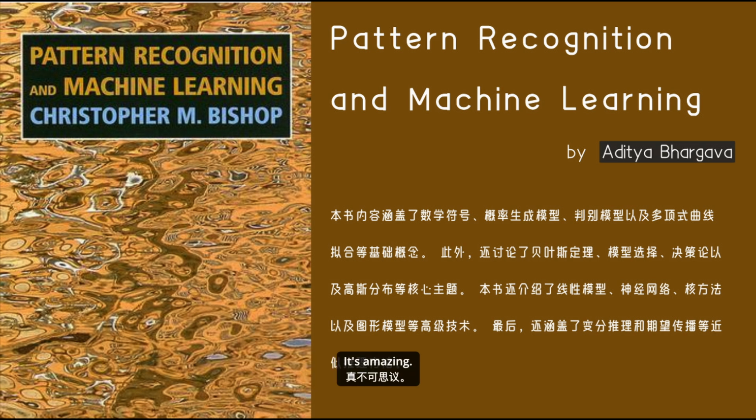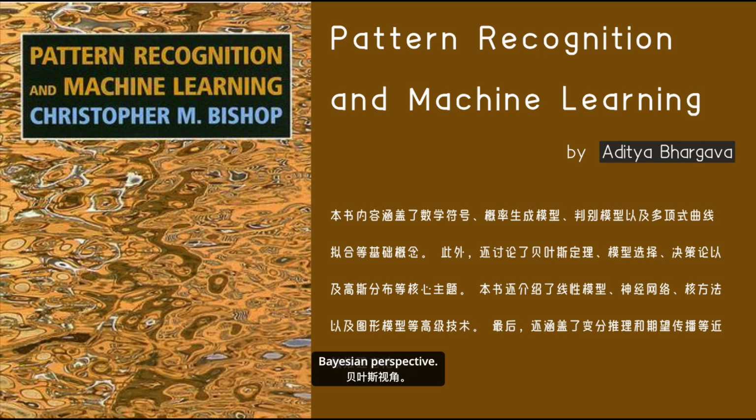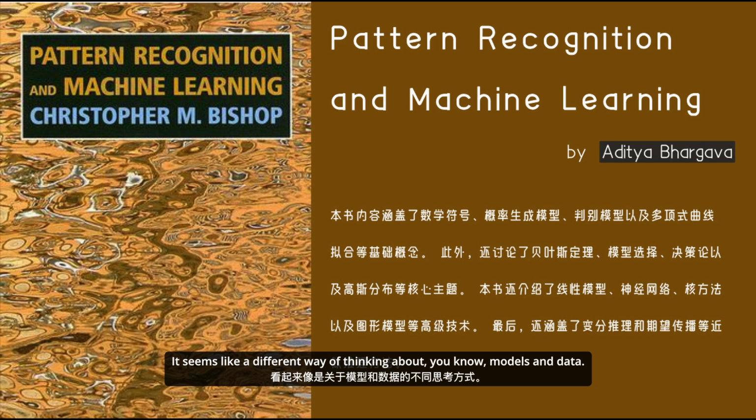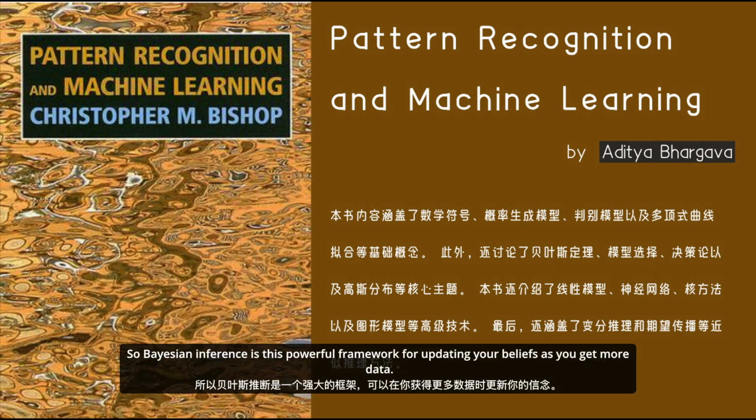It's amazing. There's another concept that keeps popping up, and that is this Bayesian perspective. And Bayes' theorem. It seems like a different way of thinking about models and data. Yeah, it is. So Bayesian inference is this powerful framework for updating your beliefs as you get more data.